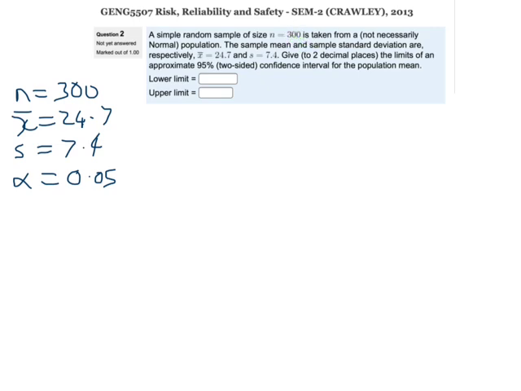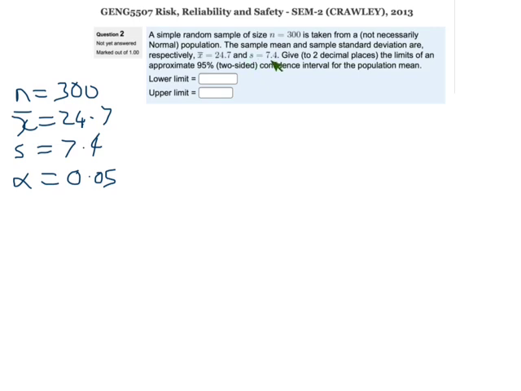If n is bigger than 30 and we knew the population standard deviation or variance, then the z statistic would be a reasonably good approximation, even though it wouldn't be exact. And the book gives some examples of, as the sample size goes up, you can see that the distribution looks more and more like a normal distribution.